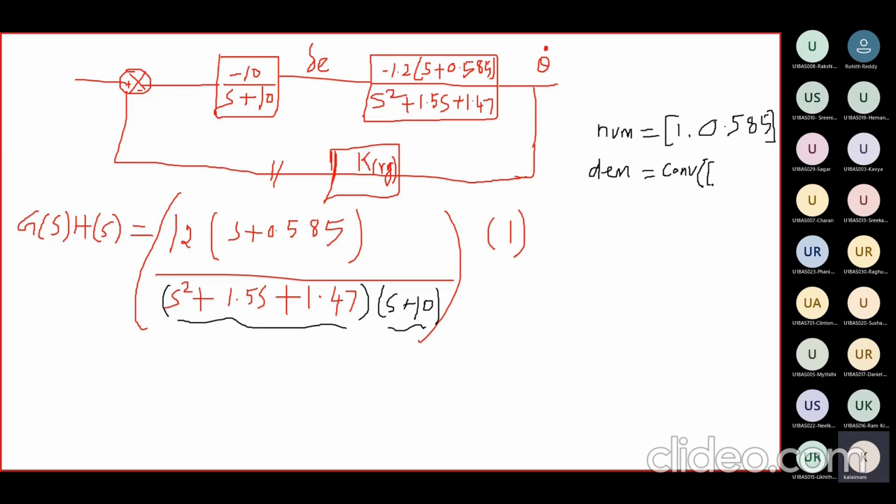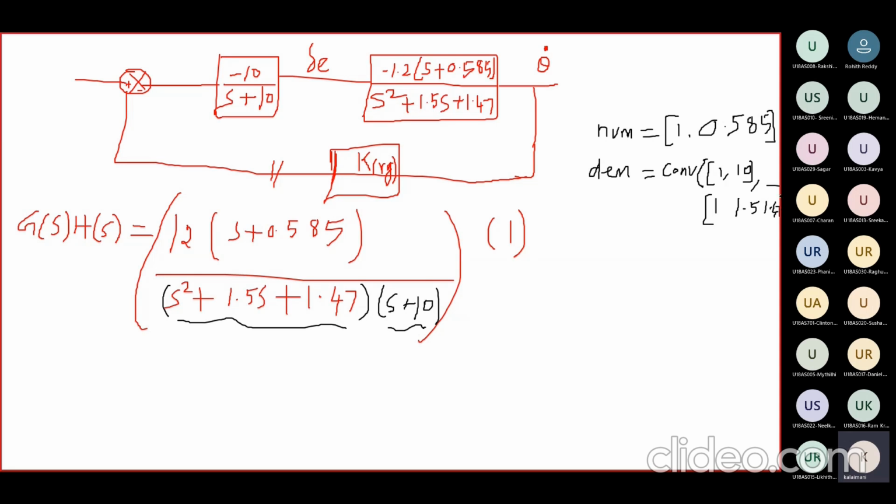First you define one function, s plus 10. The coefficients are 1, 10. Next the coefficients of s square plus 1.5s plus 1.47 are 1, 1.5, 1.47.